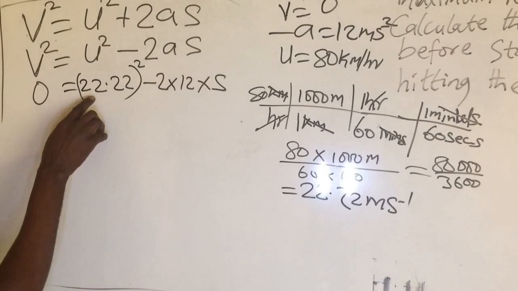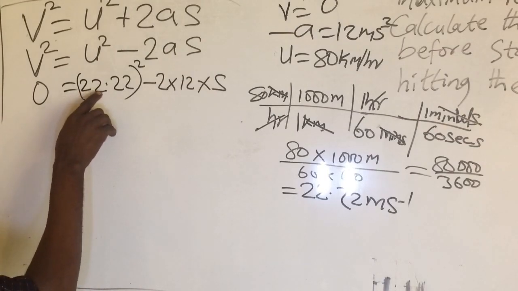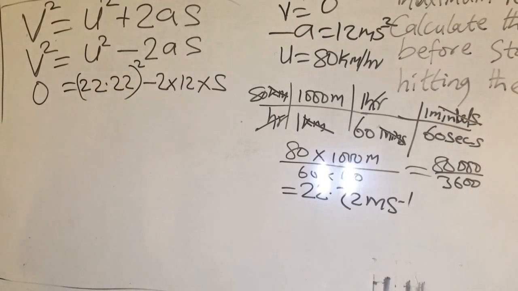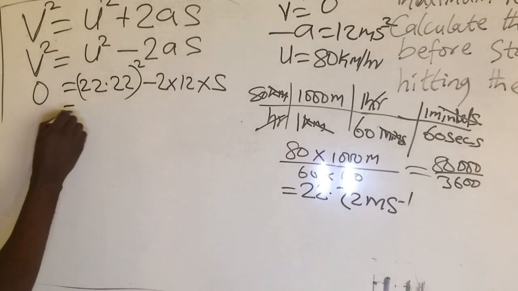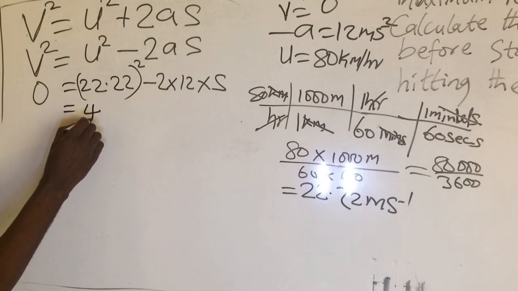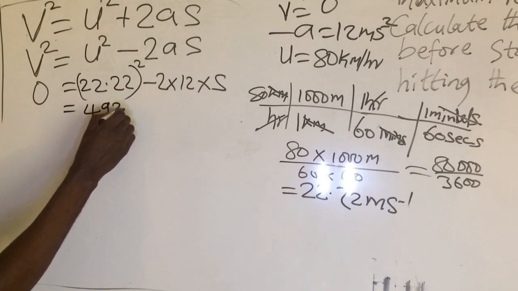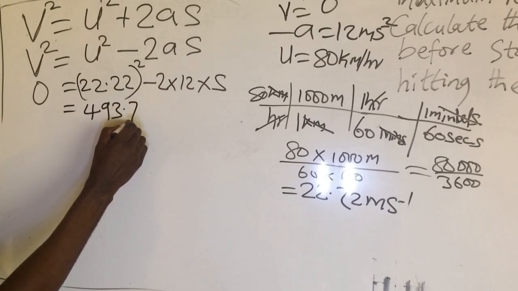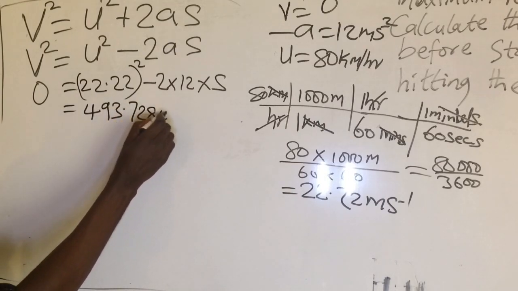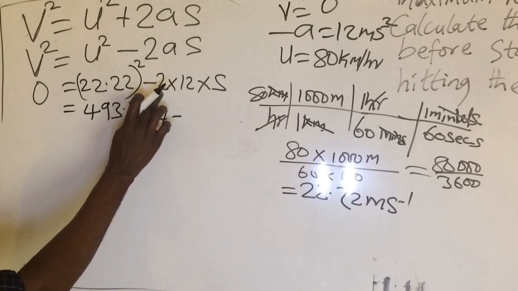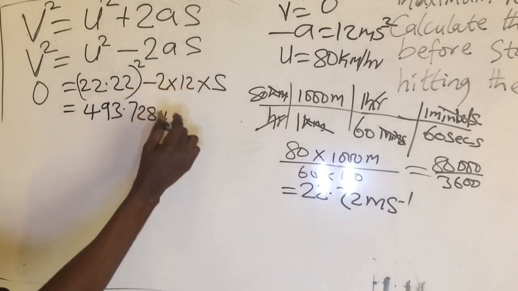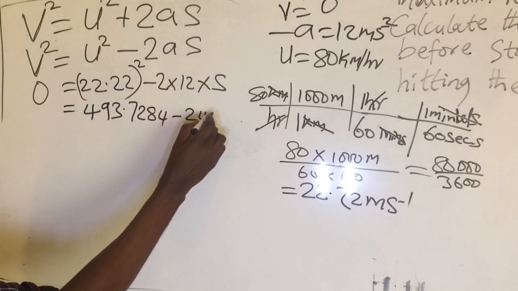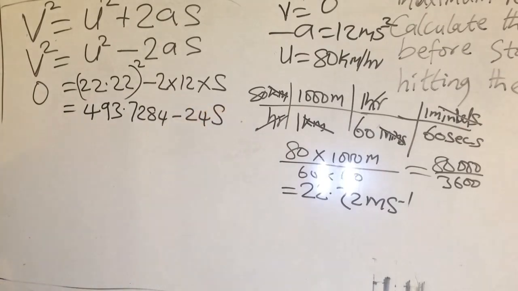When we square 22.22 in our calculator, we have 493.7284, minus 2 times 12, which is 24s, our distance.